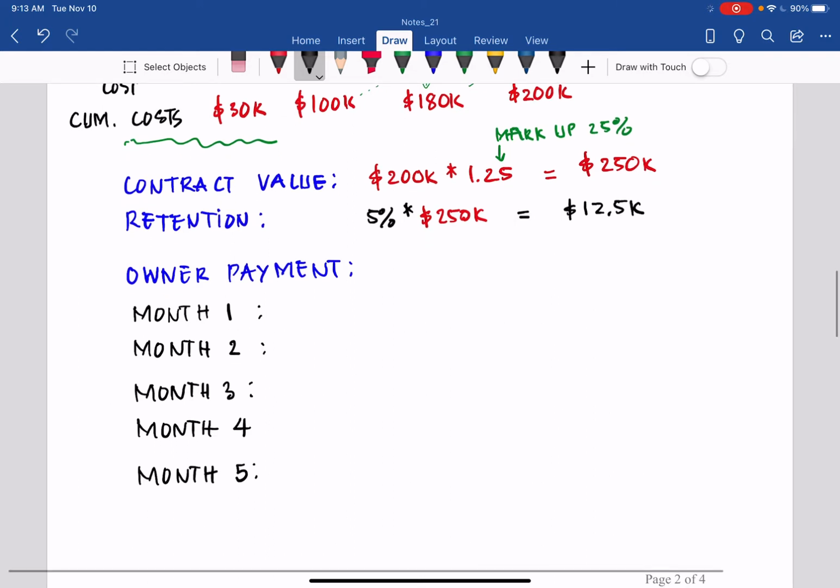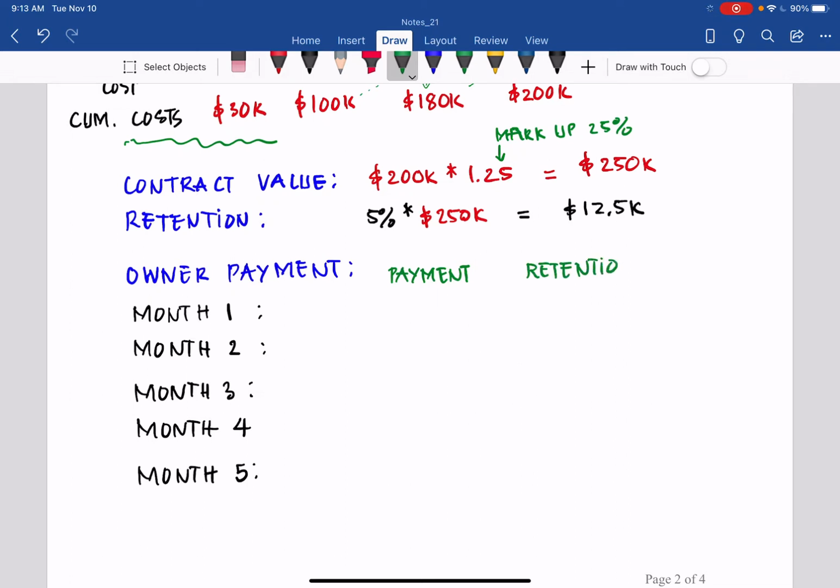And with that, we can have a few dimensions. In this case, we have a payment, not including retentions, and then we have a retention, which is just to keep money back for any rework, defects, fixings, etc. in the future.